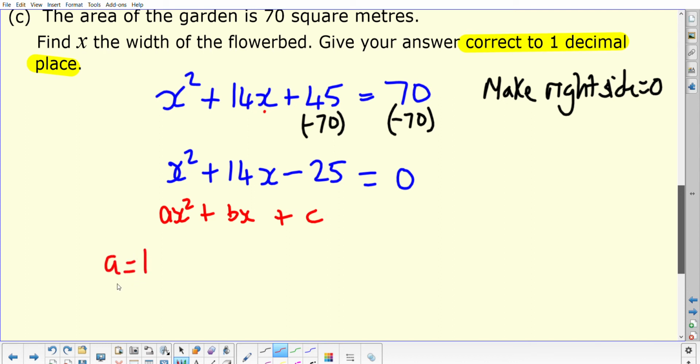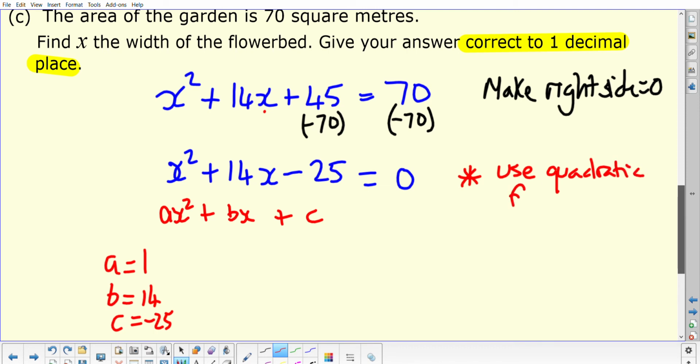So a would be 1, b equals 14 and c equals negative 25. This is because we're using the quadratic formula to do this. So use the quadratic formula.